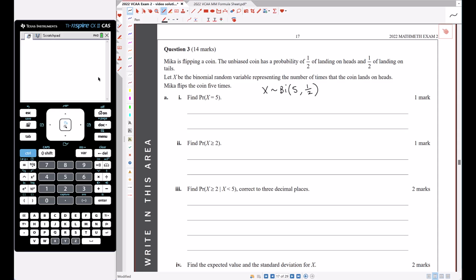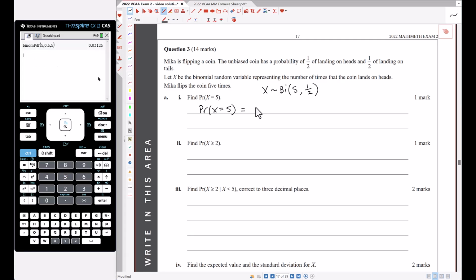Find the probability that x equals 5. It doesn't tell us about rounding, so it's going to be nice and exact. And that's because the probability is 1/2. So menu 5, it's a binomial PDF because it's a single value. N is 5, probability of success is 0.5, and we want x equals 5.